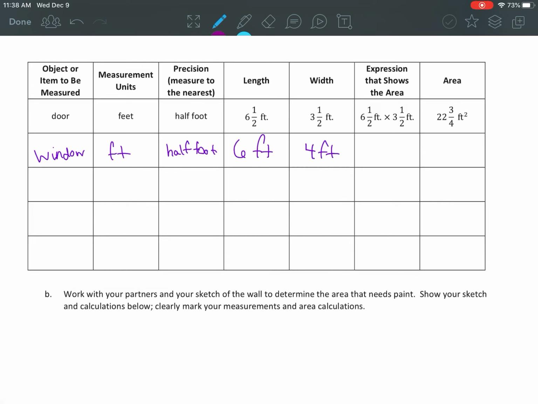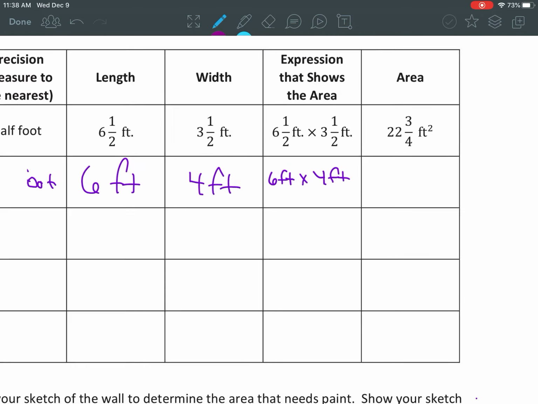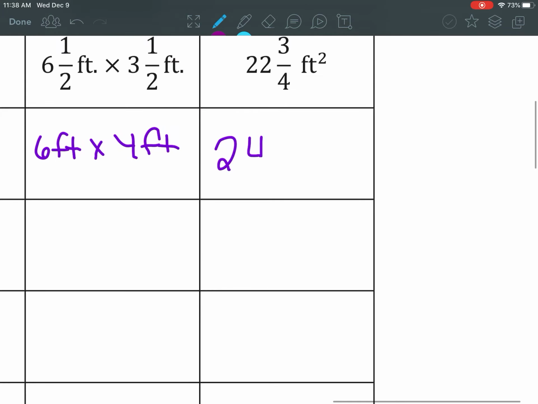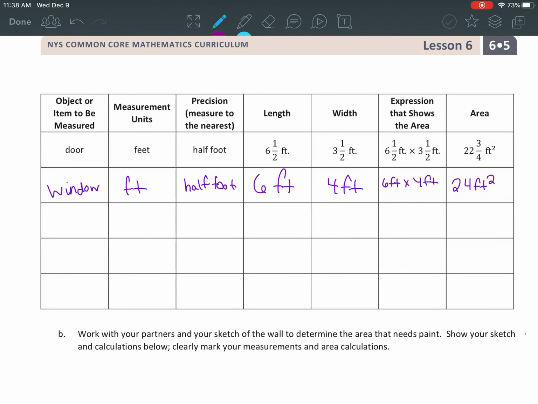Expression that shows the area: that would be 6 feet times 4 feet. And then the area would be 24 feet squared.